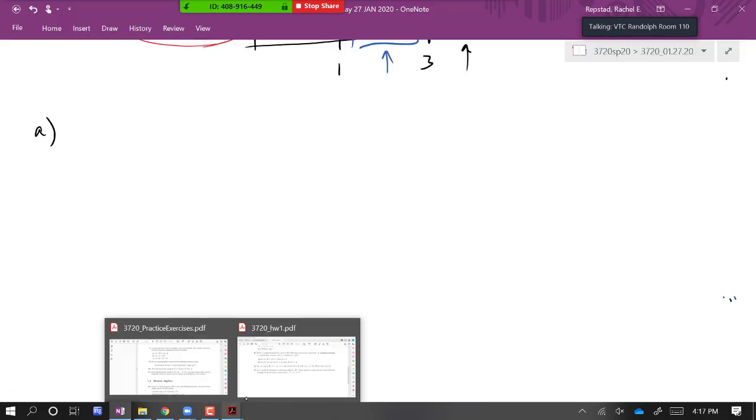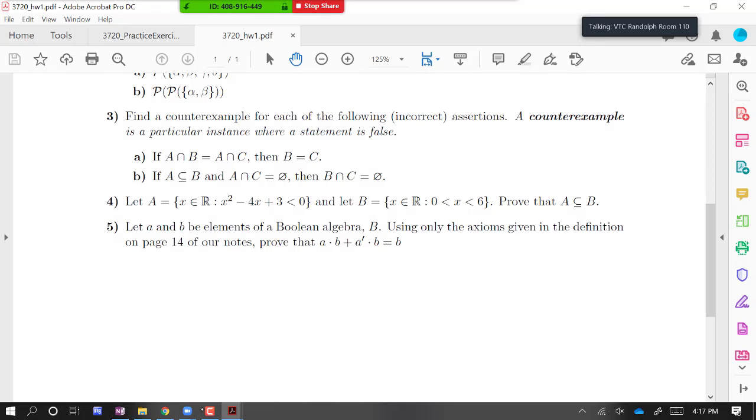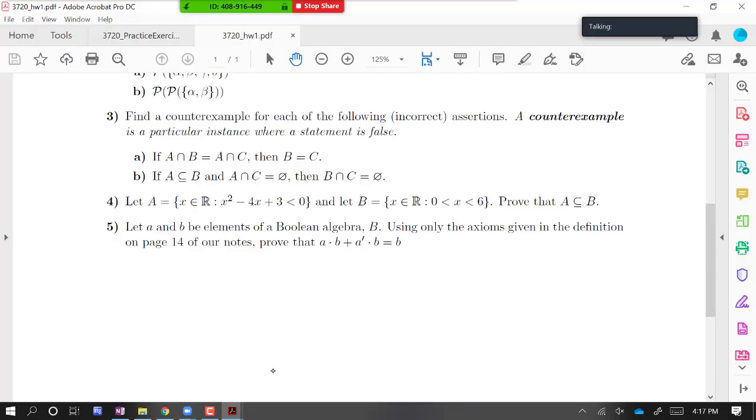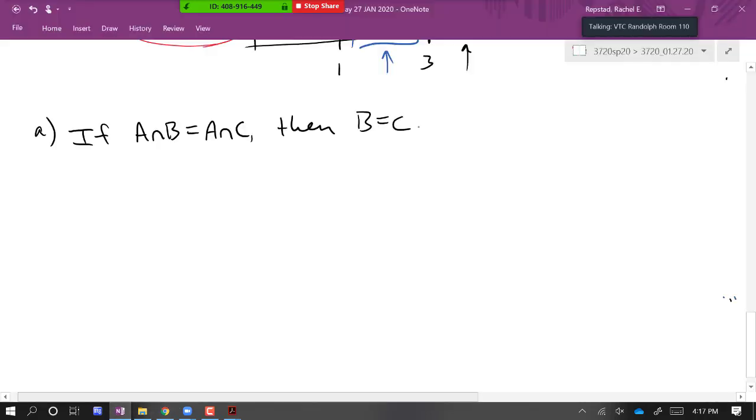So with A, this was: if A intersect B is equal to A intersect C, then B is equal to C. This is false, okay? This if-then is not true.